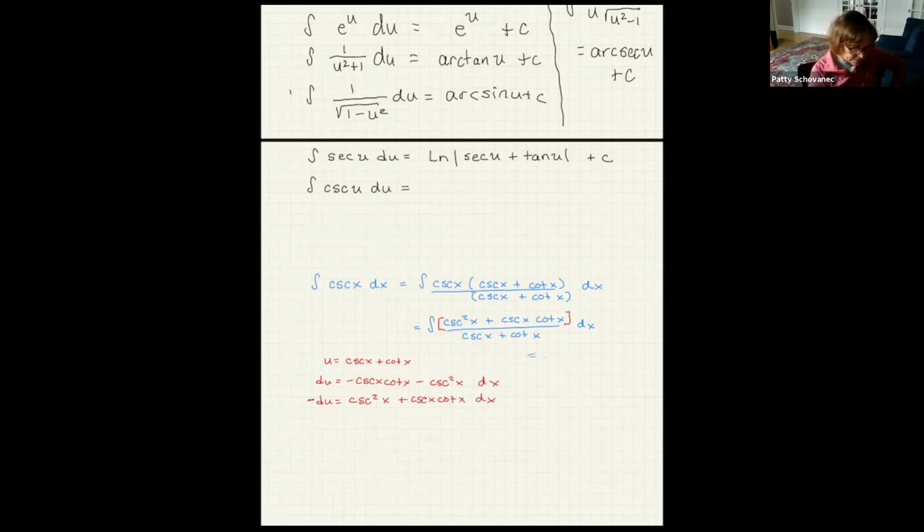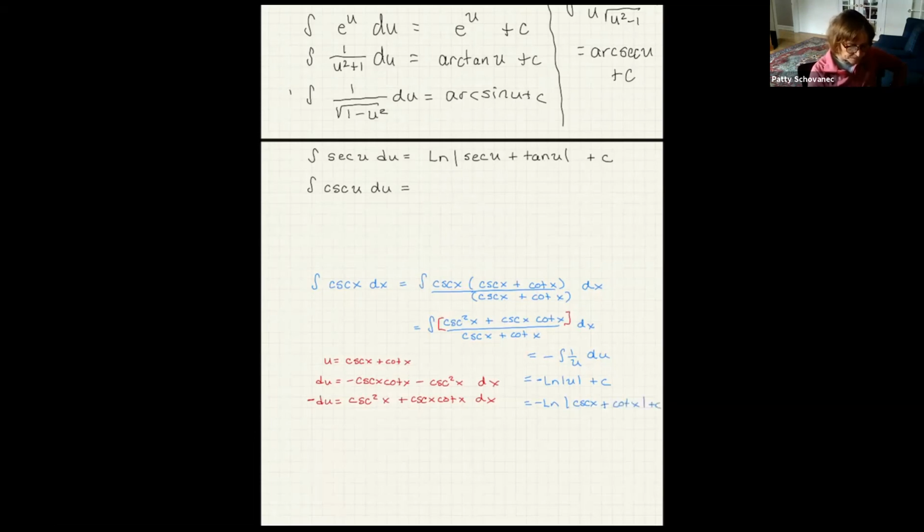So here's the minus, and then there's my 1 over u du. And so we get a logarithm again, but this time with a minus sign, where the u term is the cosecant of x plus the cotangent of x. Except this is in u, so let me go back to, oh, nope, you're right, they're x's.